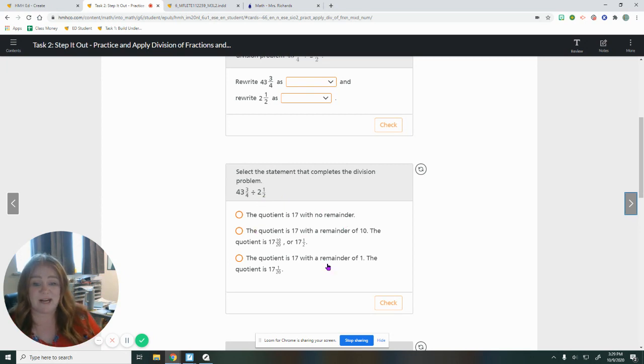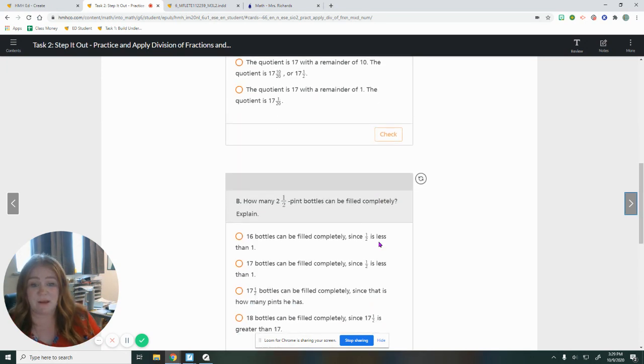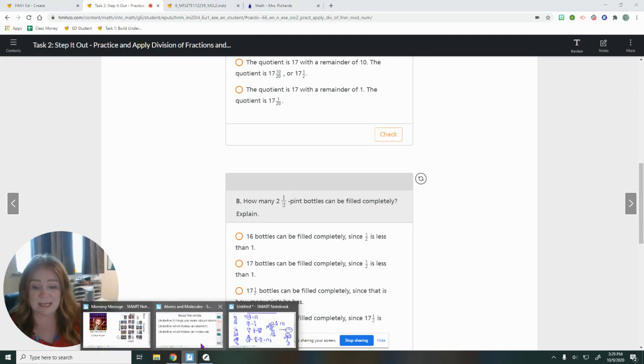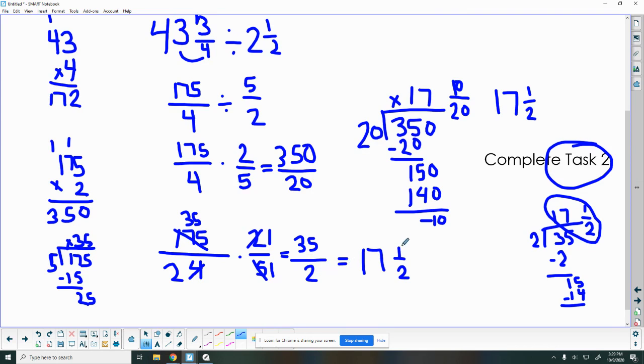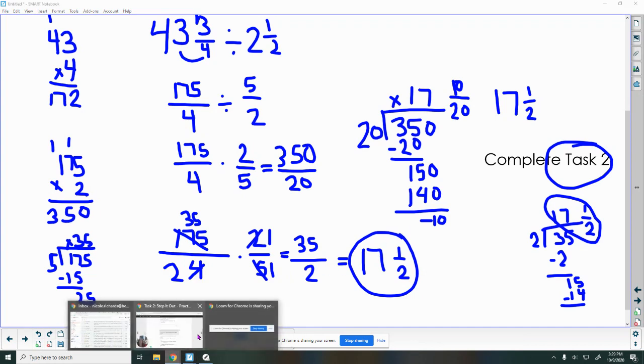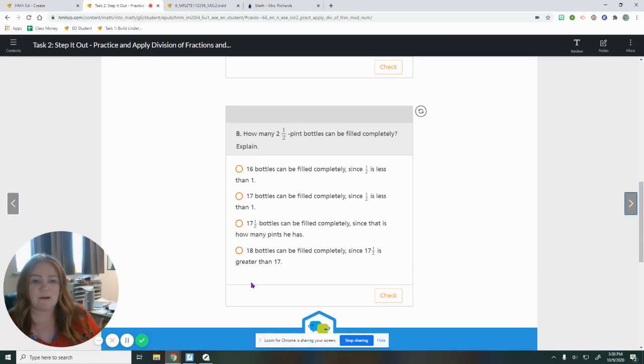What was our final answer? And then it wants to know how many bottles can be completely filled up. If we come back here, our answer was 17 and a half. I want you to think about that for a second and go answer that. How many bottles can be completely filled up?